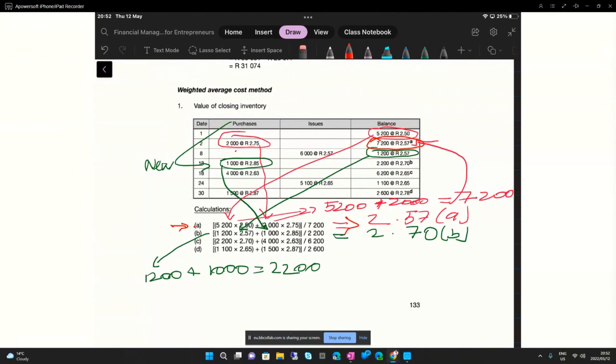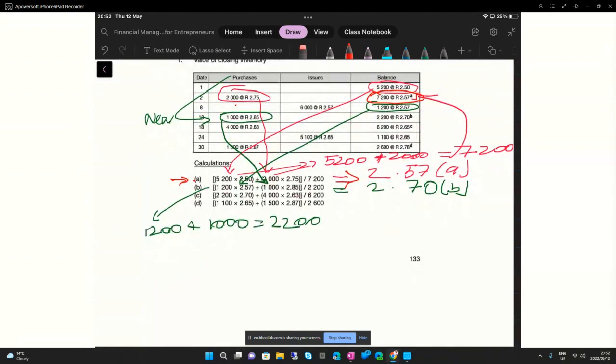That's basically the difference between the two systems: here you go more by a weighted average. If you have two costs, you need to get the average of those two costs. So, for instance, when there is an issue of 6,000, that 6,000 will be at the weighted average of 2.57.